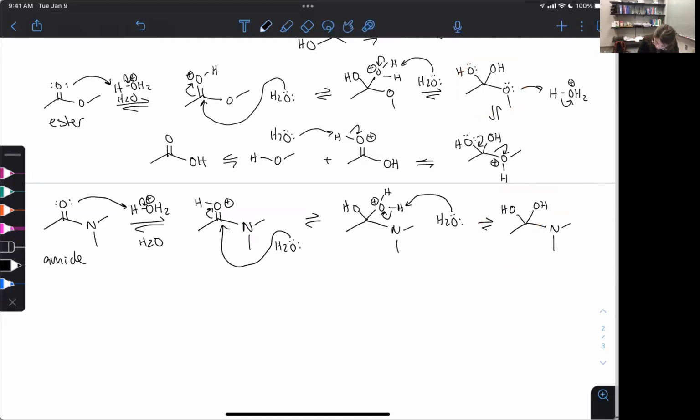Okay, so we're going to start by protonating our nitrogen. And again, it's a very similar process to what we saw in the acetal hydrolysis, where we had to do a lot of protonation and deprotonation before we were ready to finally kick things off. Okay, so now it's set up to be a good leaving group. So now we can have our carbonyl reform and kick off the amine.